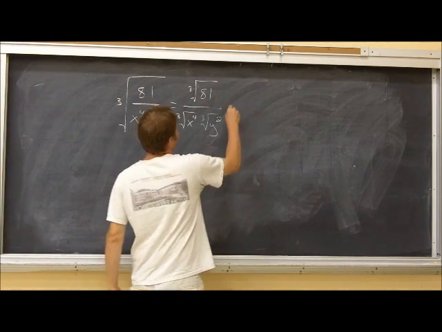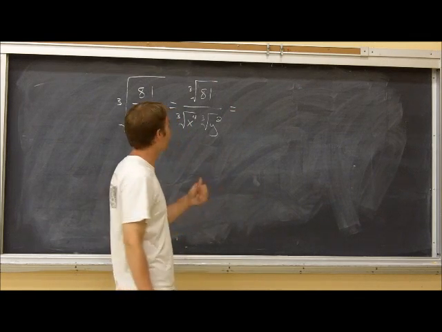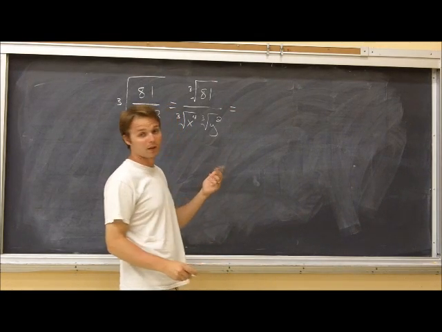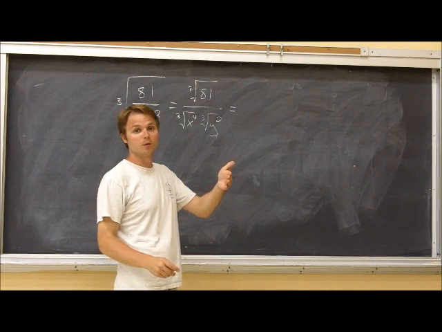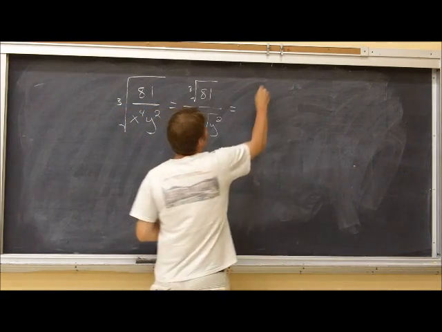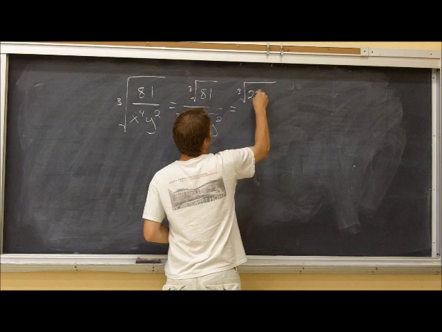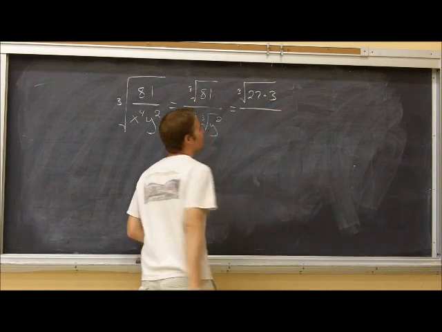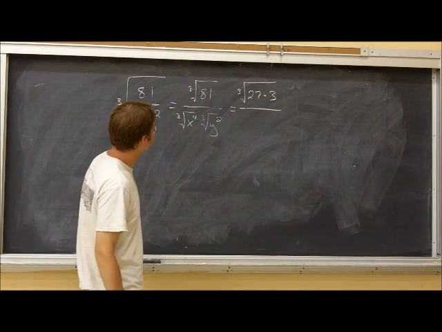Well, what is 81? 81 is 3 to the fourth power. So really I can think of it as 3 cubed times 3, which would be 27 times 3. So this is really the cubed root of 27 times 3.